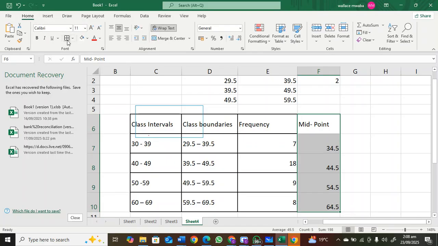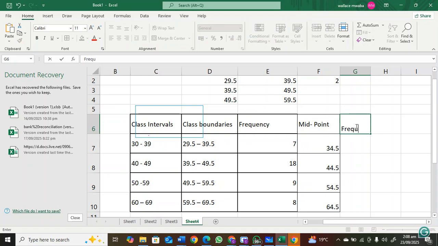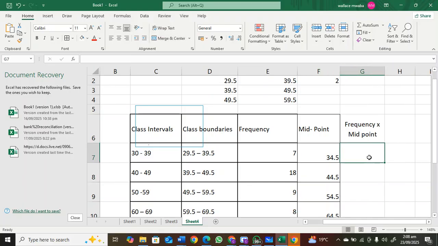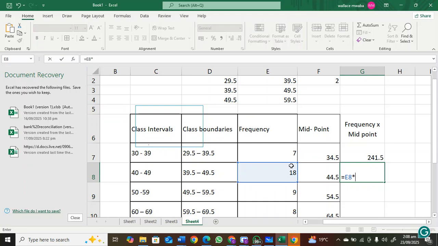So when you're calculating the mean, first thing, get the midpoints. Okay. Then now you multiply the frequency by the midpoint. Right, so multiply frequency by midpoint. Frequency by midpoint.